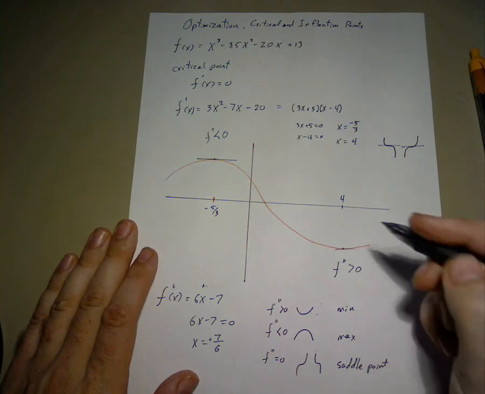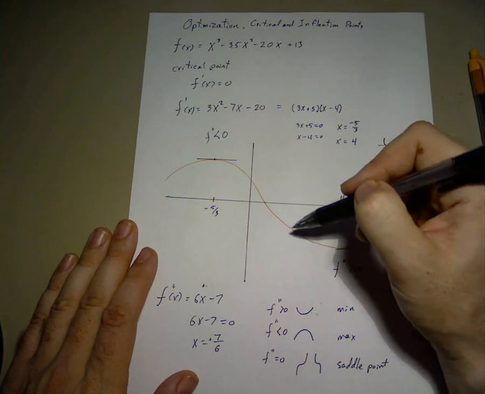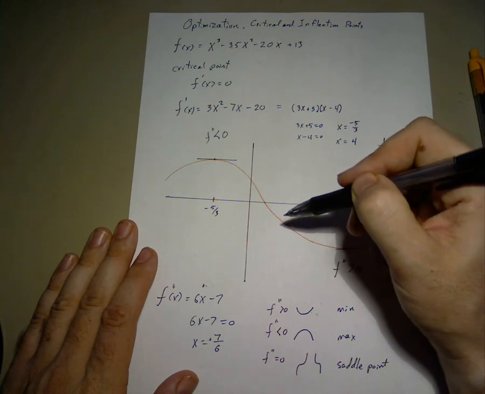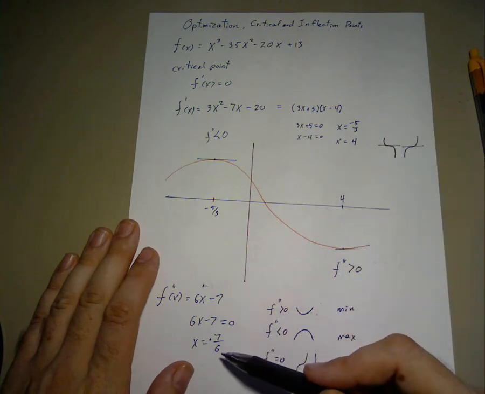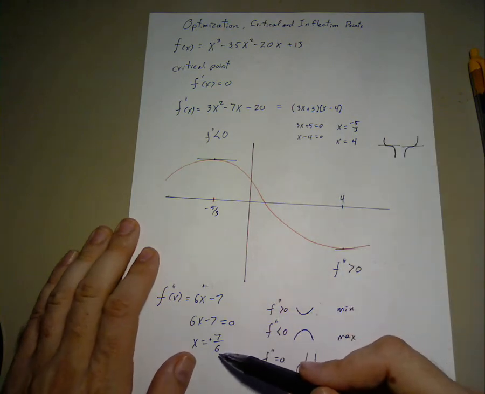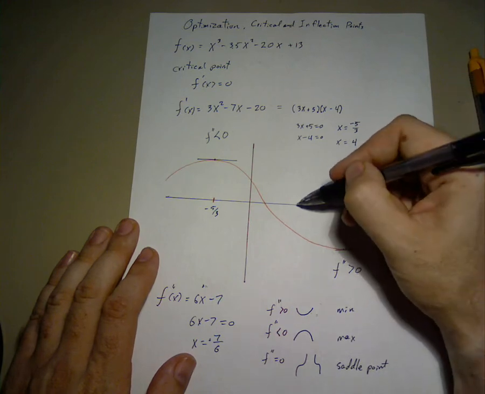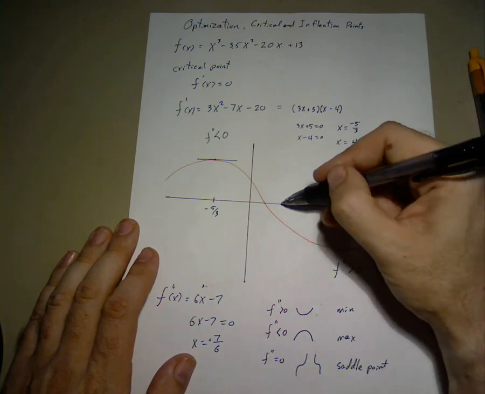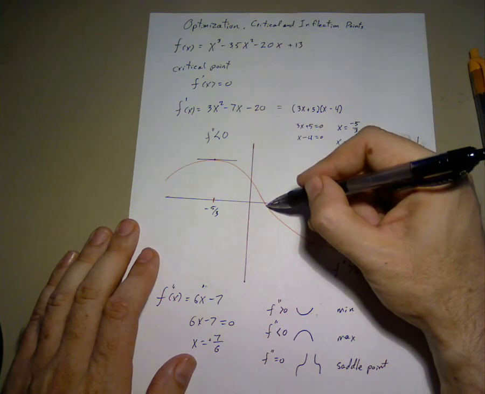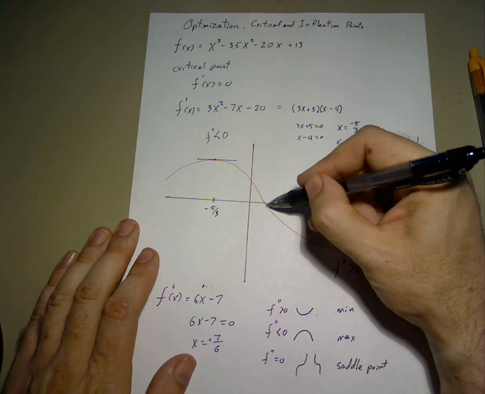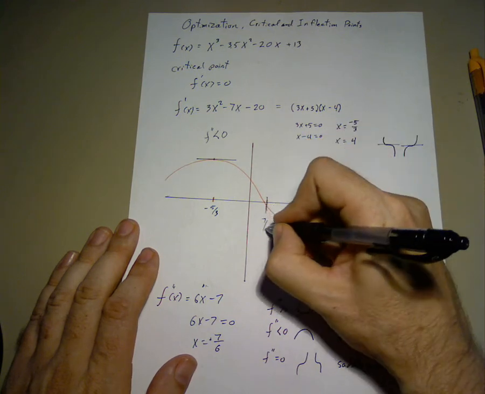So if it's changing continuously, and it is, we must expect that somewhere in between the second derivative equals 0. According to this value, the point is at 7/6, which is slightly greater than 1. So I would expect that to be about right, somewhere around right there. So 7/6.